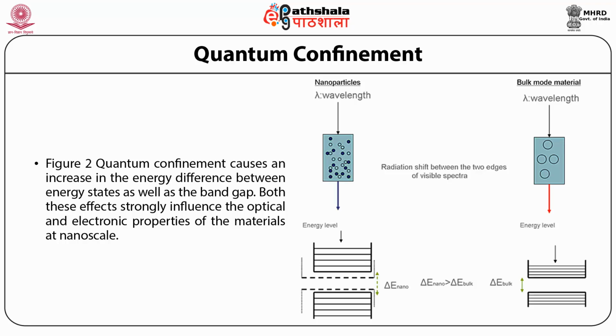So, in this state, the energy states are continuous and the band gap is at its original position. Nonetheless, when the dimensions of the confining structure are decreased down to nanoscale, the energy spectrum does not remain continuous and becomes discrete.